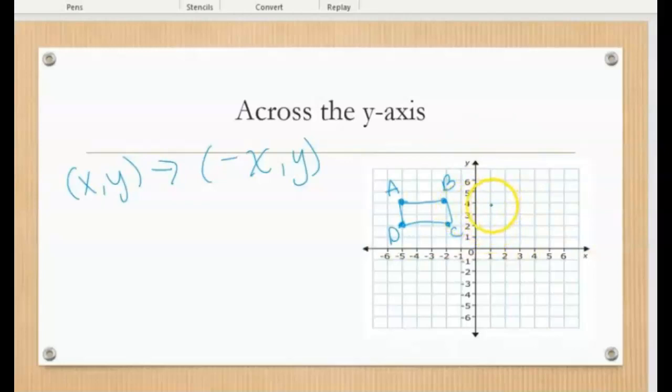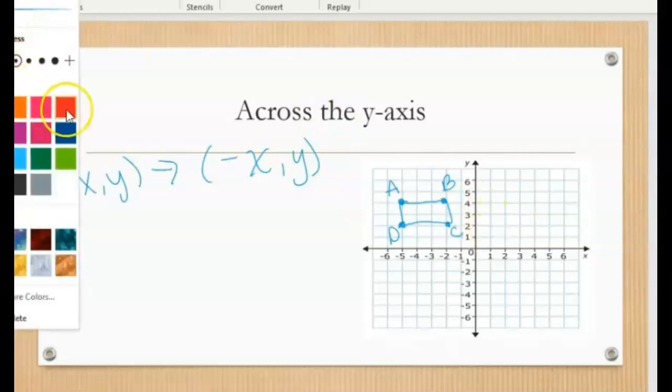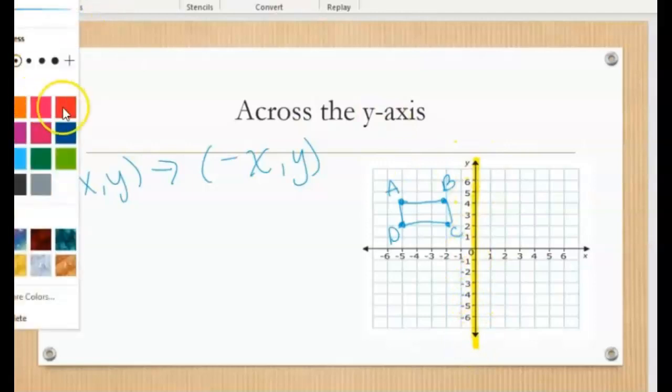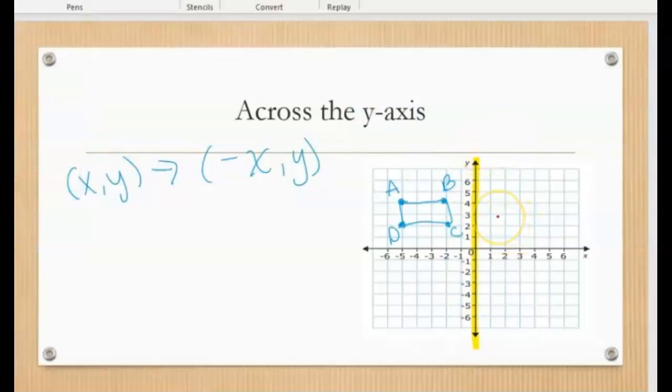And I bet you could too. Look, you're like, okay. Oh wait, that's 2. Look, I already messed up. That B and C point, they are 2 units away from the y-axis. So you can make the new points 2 units away on the other side. Remember when we talked about the definition of a reflection, it's the same distance away from that line. So the new point would be here.